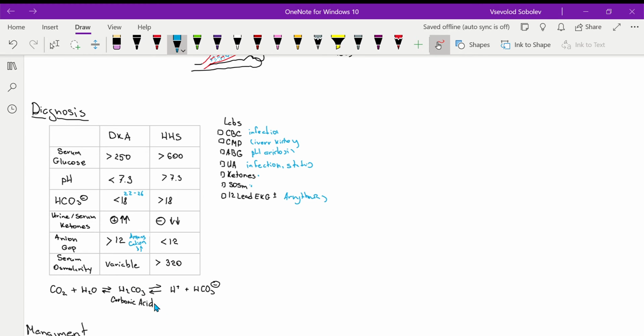So why do we have this? Earlier I talked about carbon dioxide being produced through the conversion of hydrogen and bicarbonate through carbonic acid into carbon dioxide, and this is basically the formula to the process that occurs.